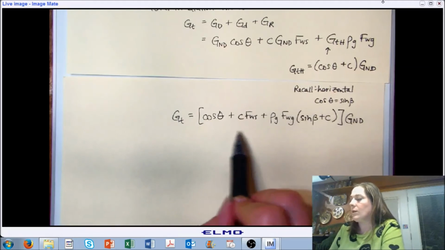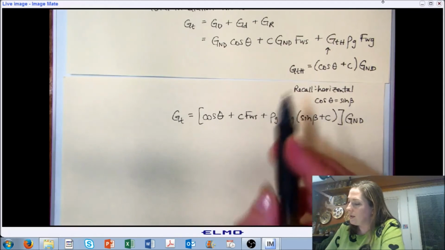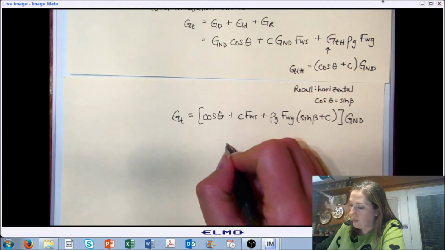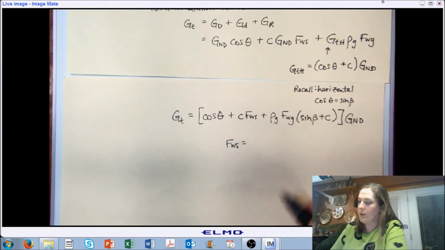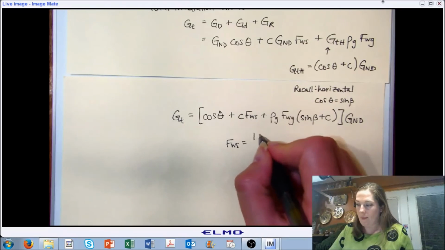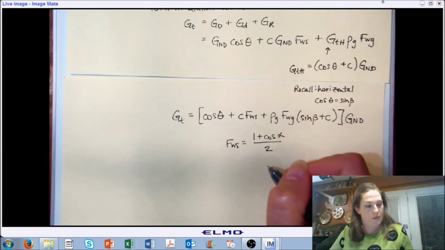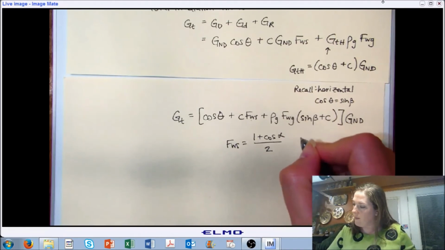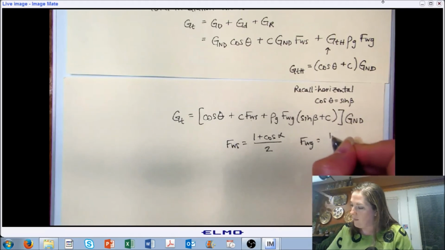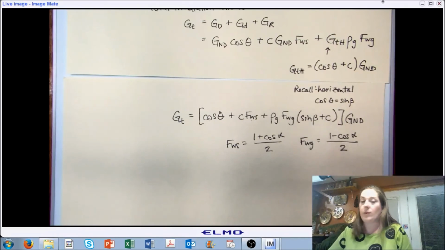Okay, so this is our full equation. We saw earlier we have two different shape factors, and earlier I forgot to define this shape factor, so I'm going to take the opportunity to go ahead and do that now and refresh ourselves on this shape factor. Where the alpha in both of these is the tilt angle.